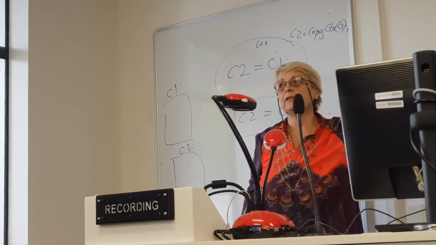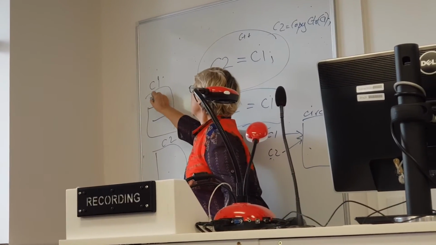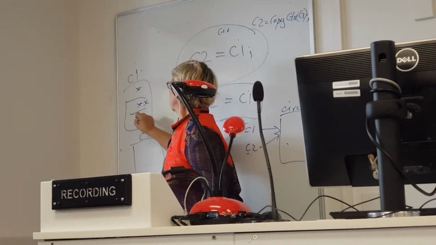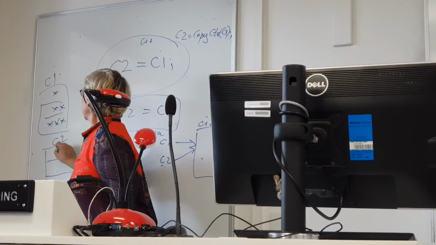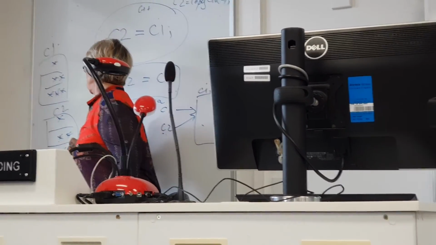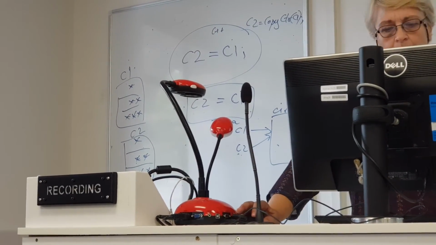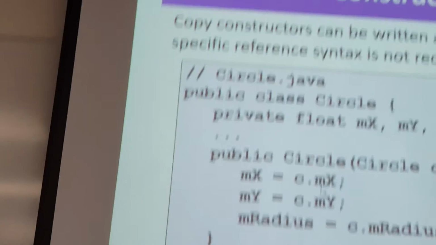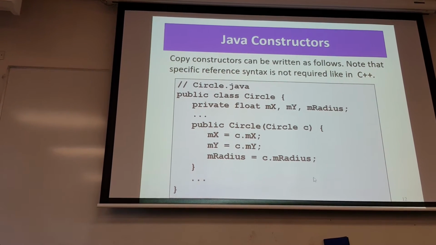C2 is new Circle(C1), you get another memory, and you get these three data members copied. Remember that code we have seen. Code here, mx gets the value of mx, my the value of my, and m radius. They are deep copying.